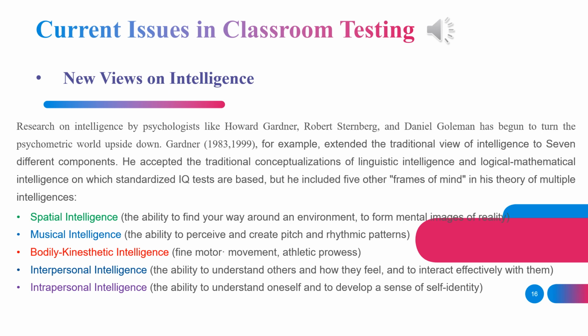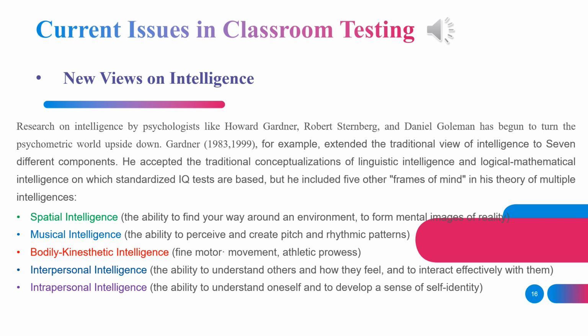Current issues in classroom testing: new views on intelligence. Research on intelligence by psychologists like Howard Gardner, Robert Sternberg, and Daniel Goleman has begun to turn the psychometric world upside down. Gardner, 1983-1999, for example, extended the traditional view of intelligence to 7 different components.